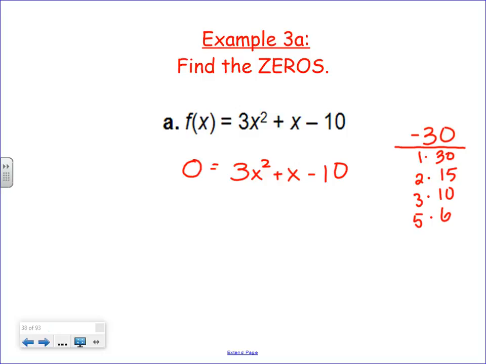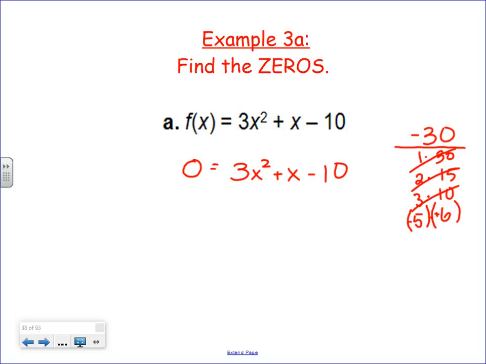And we ask ourselves the question, first of all, I haven't put negatives or positives in yet. But second of all, I need two of them to add to be 1. Nope, nope, nope. Do I need a positive one or a negative one? So if I need factors, and I need one positive, one negative, that 6 better be a positive, and that 5 better be a negative.